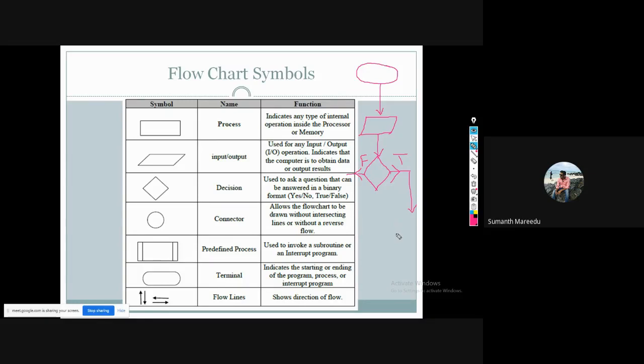Arrows are used to connect the symbols, and they also show in which direction the data or the process is flowing. So by looking at this, you can identify, okay, after this it is the second statement, the flow is in this way. Based on true, it is in this way. Based on false, it is in this way. So based on that flow, you can identify. That is why the name is flowchart.